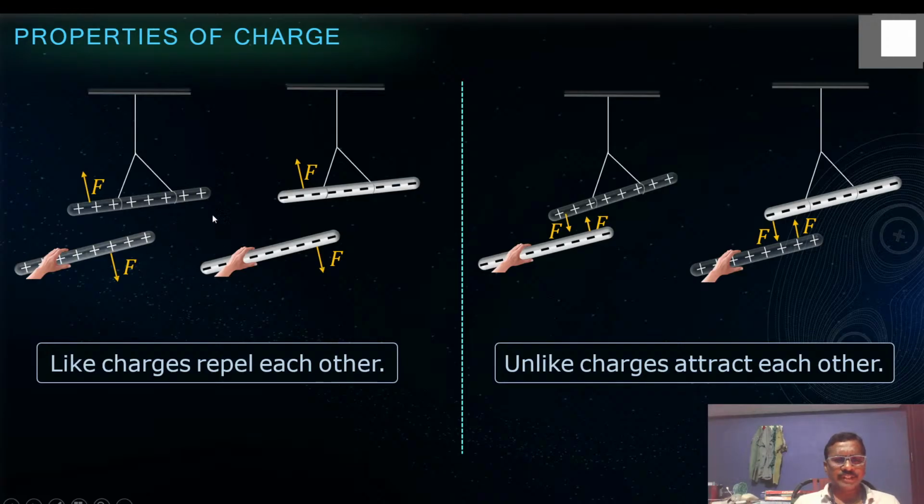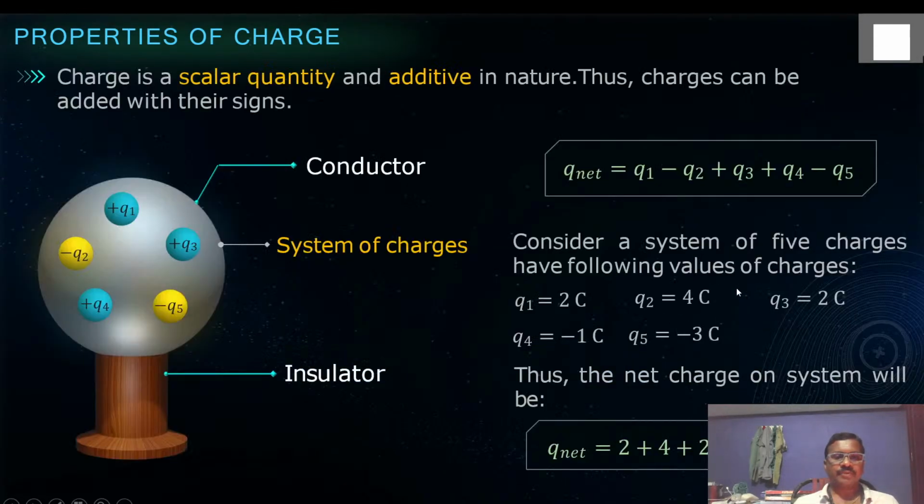The diagram represents the negatively charged side, same charges repel. We have to notice that opposite charges attract, like charges repel each other, opposite charges attract each other. Now let us see. So in this case, total charge is how much?